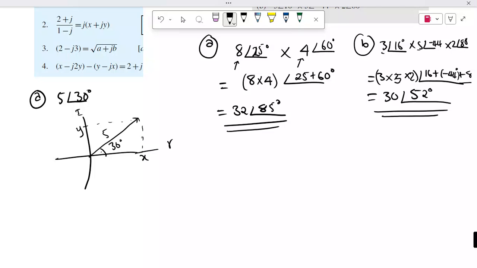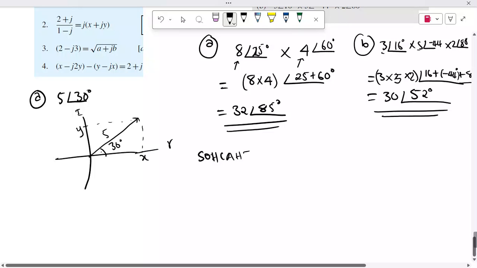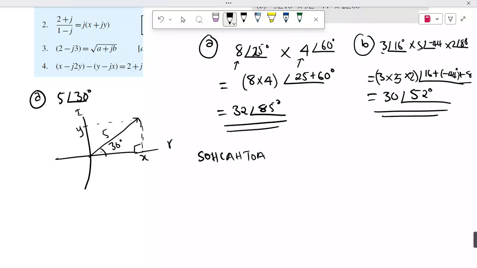We revised SOHCAHTOA yesterday. If you see this triangle I've made here with a right angle, this is 30. This side is the opposite of the angle 30, and this is the adjacent.